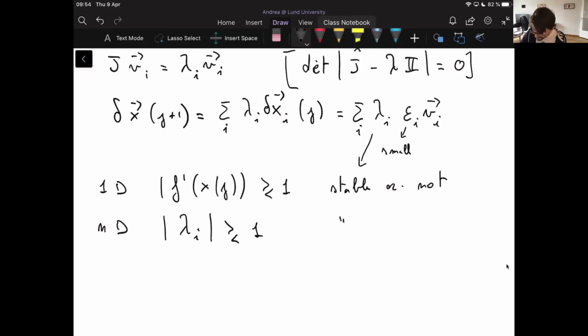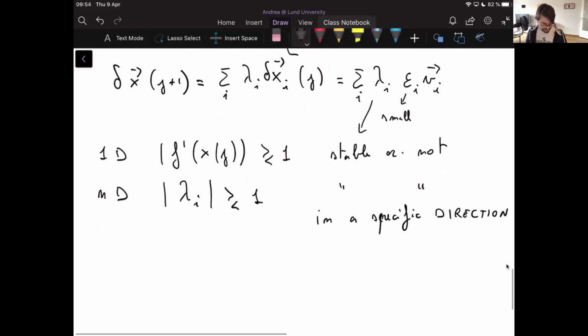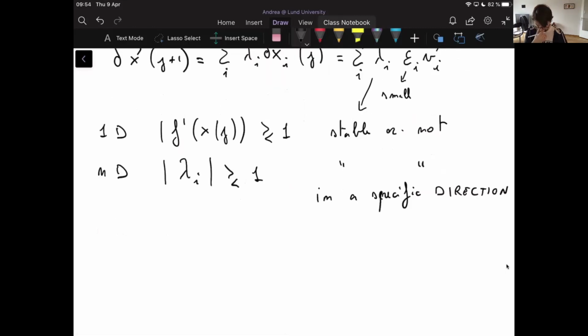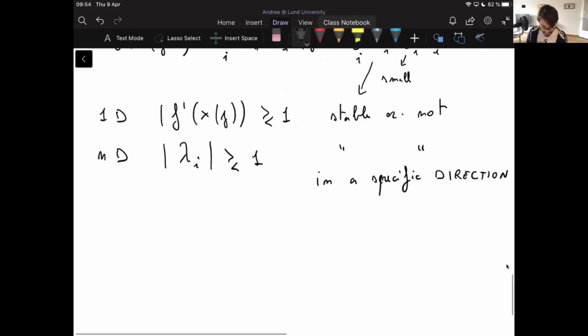And this will again indicate if something is stable or not in a specific direction, corresponding to the eigenvector. So this is an indicator that you can have different types of things.